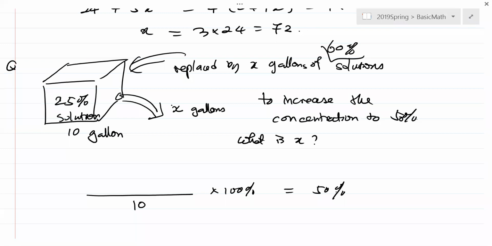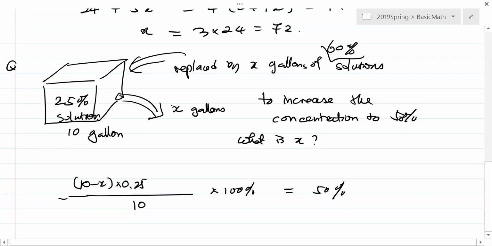You get rid of X gallons of original solution, so what remains is 10 minus X, and then the active ingredients is going to be multiplied by 0.25.